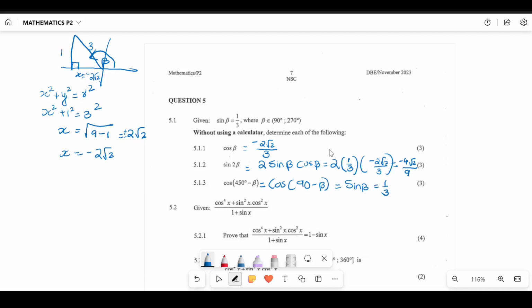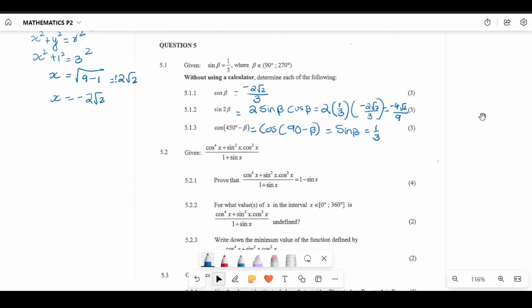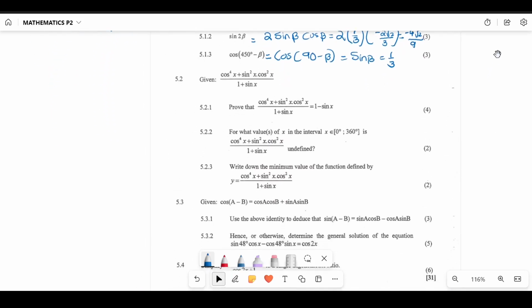Now 5.2, given this identity, prove that this is equal to 1 minus sin x. So let's start with 5.2.1. Let's start with the left hand side. When you look at the left hand side, there is a common factor on top, which is cos square x. So let's take the common factor out.